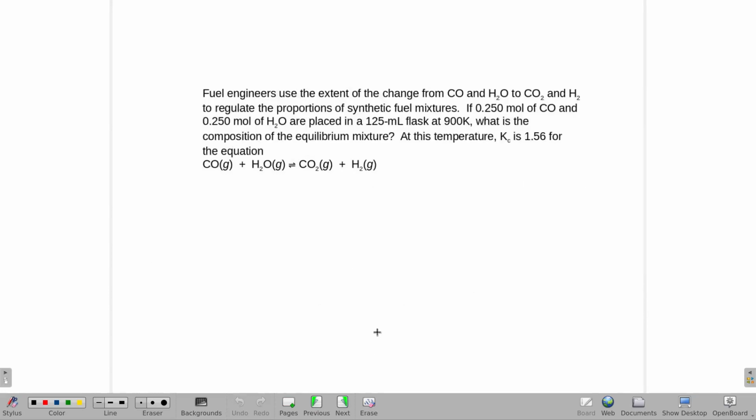All right, let's actually try to do something a little bit more complex. It doesn't look like it at first, but let's organize ourselves and get an ICE table going.